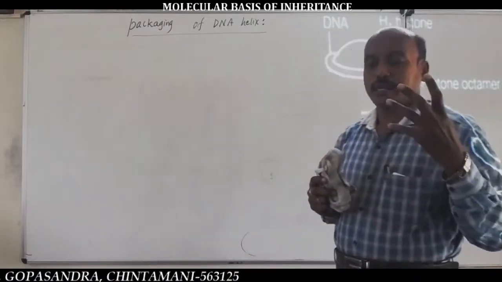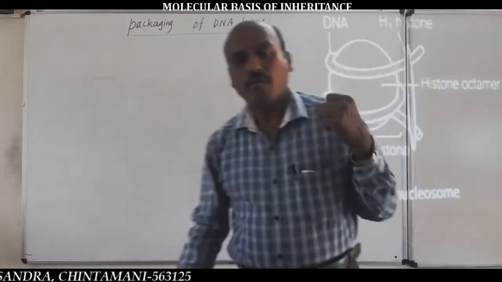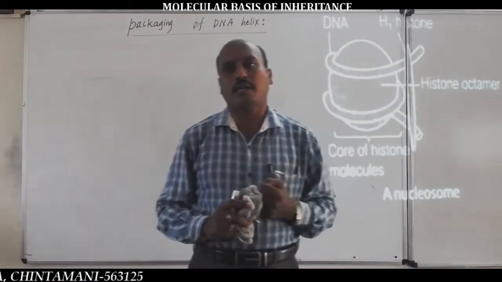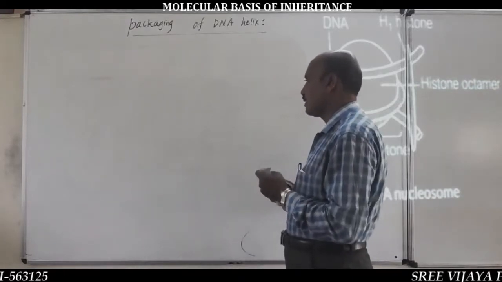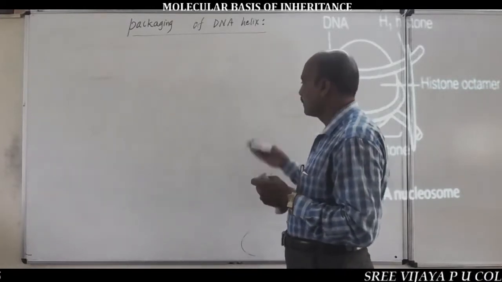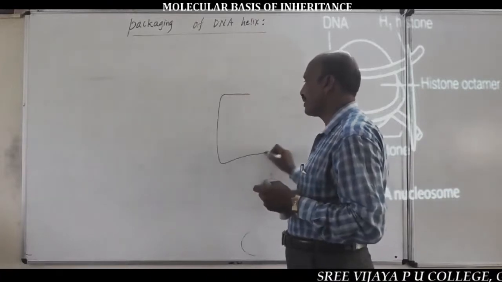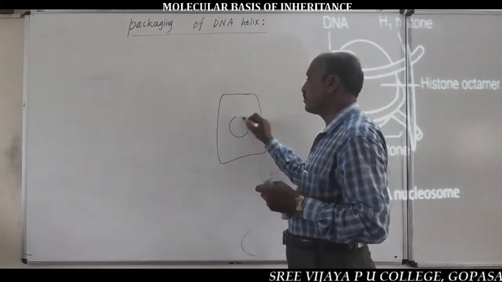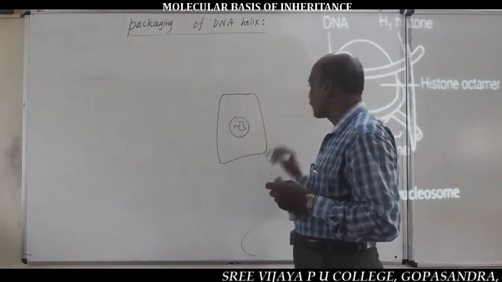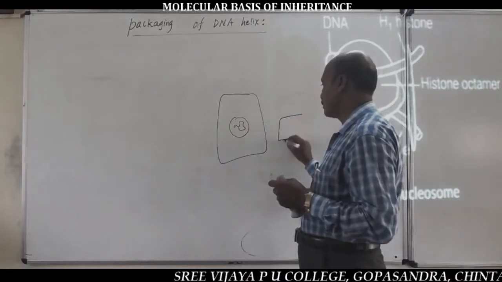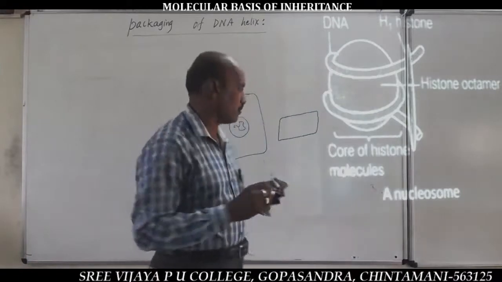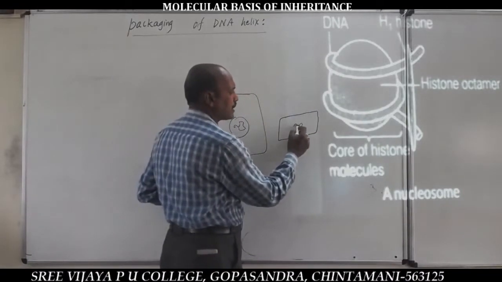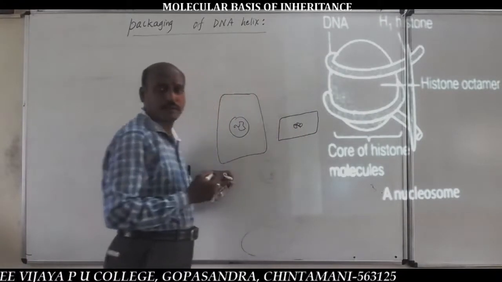The double-stranded DNA, the Watson and Crick model or duplex model of DNA, in eukaryotic cells lies within the nucleus, whereas in prokaryotes like bacteria, cyanobacteria and PPLO it is directly present in the cytoplasm of the cell.